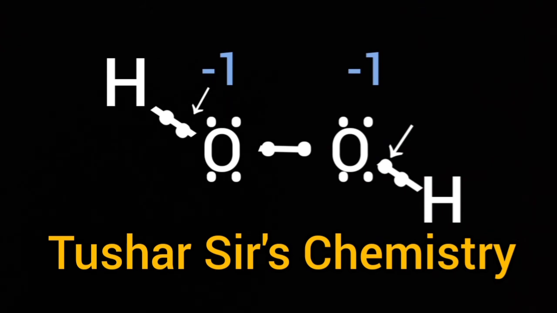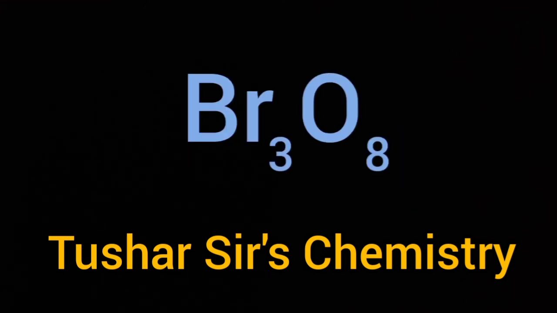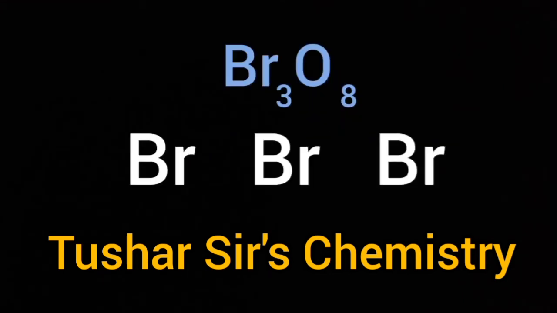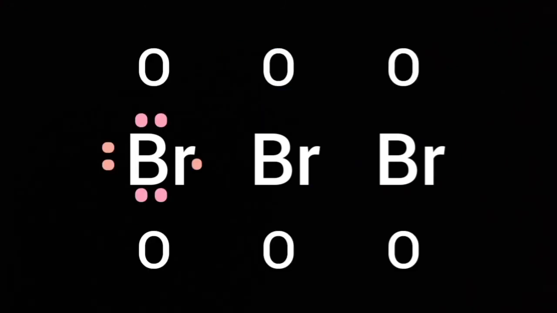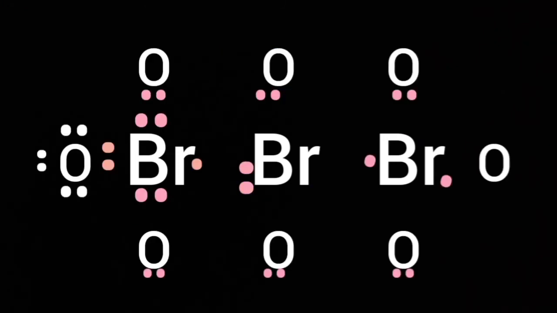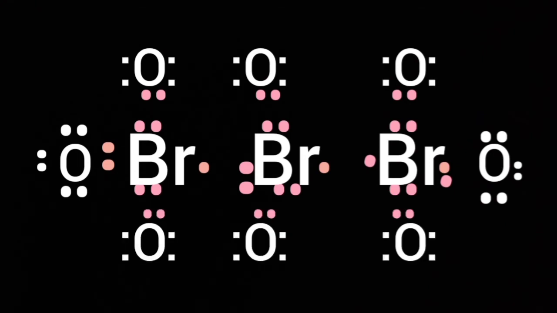Let us take another example. Br3O8. You see the Lewis dot structure. You see bromine has 7 valence electrons in its outermost shell. Oxygen has 6 valence electrons in its outermost shell, but oxygen is more electronegative than bromine.